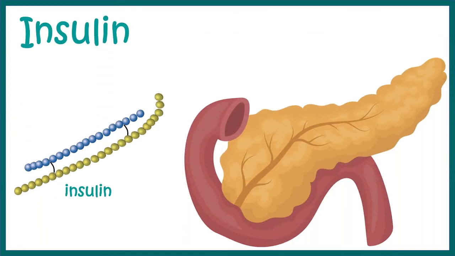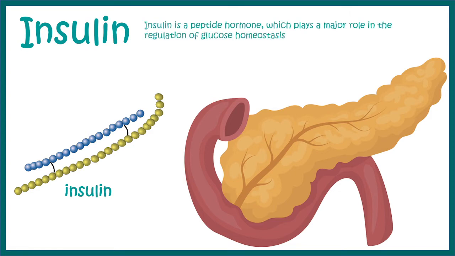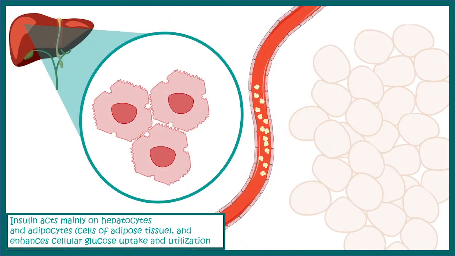Now let's talk about insulin first, because insulin is one of the major peptide hormones in the body, which is master regulator for metabolism. So insulin is a peptide type hormone, and insulin is major regulator of glucose homeostasis. Obviously, we have mentioned earlier that it is secreted by the beta cells.